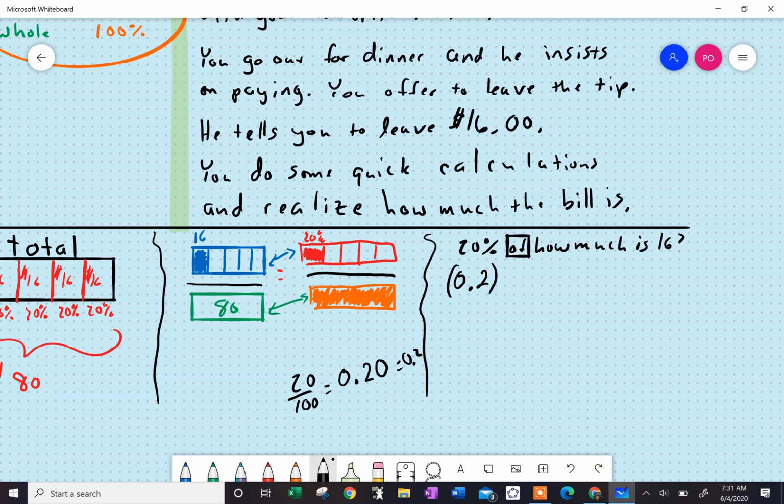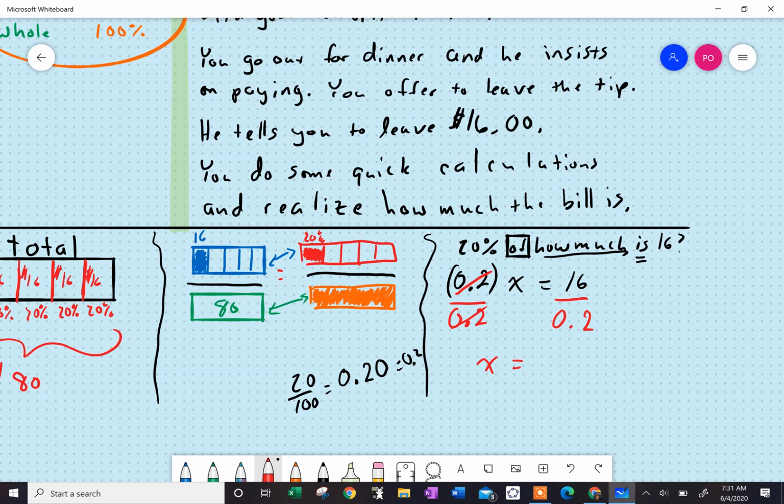So 0.2 of how much? We don't know. So that's my unknown. Is means equals 16. So now it's a one-step equation. I have 2 tenths of x is equal to 16. In order to get rid of the 2 tenths and make x my value, I just divide by 0.2.